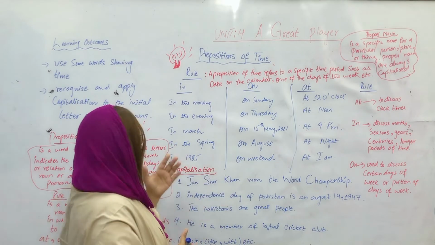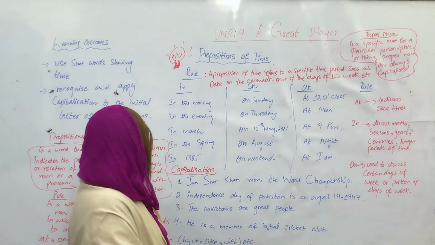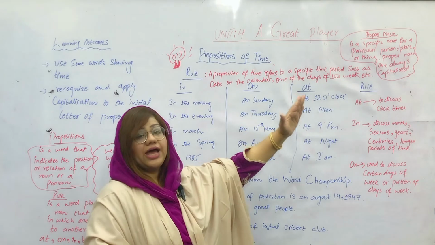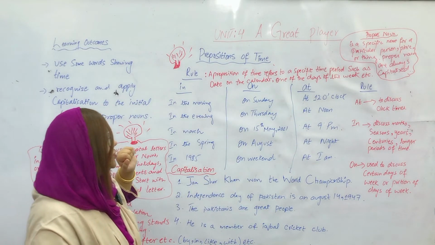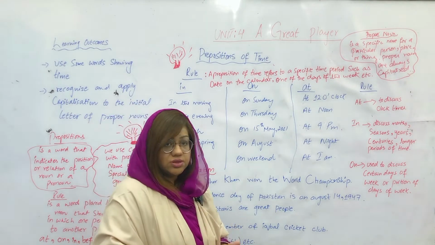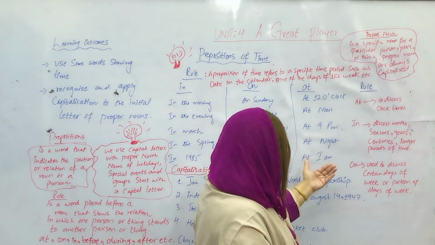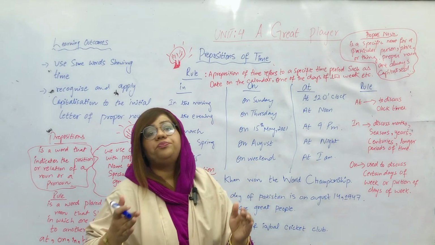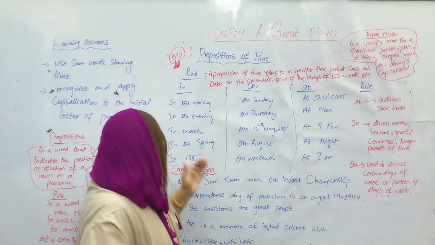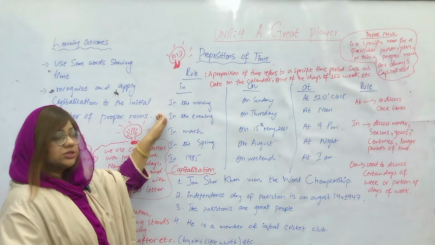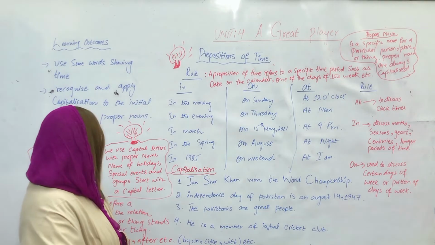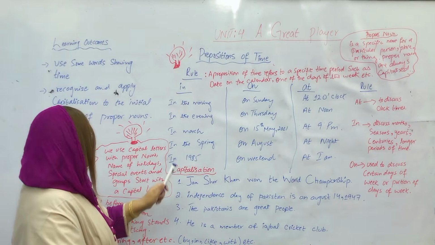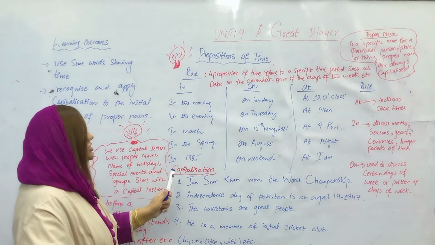So here there are three words we use: in, on, and at. In is used to discuss months, seasons, years, centuries, and longer periods of time. For example, in the morning, in the evening, in March, in the spring, in 1985.